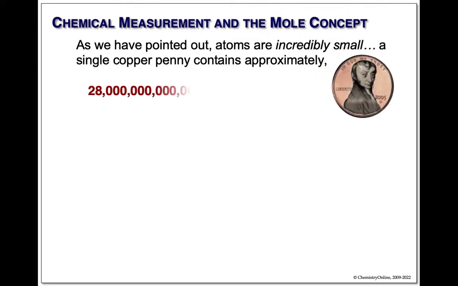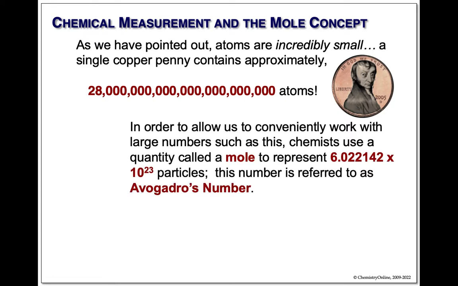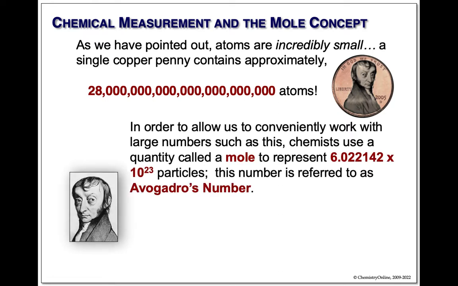We have pointed out that a single copper penny would contain 28 sextillion atoms. If you want to do calculations based on the number of particles or molecules you're dealing with, huge numbers like this would be terrible, okay?